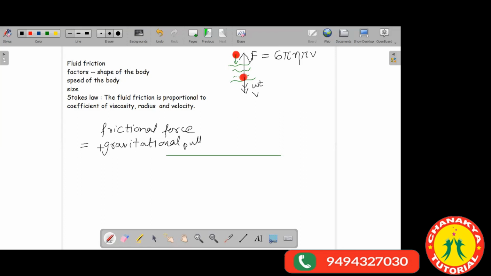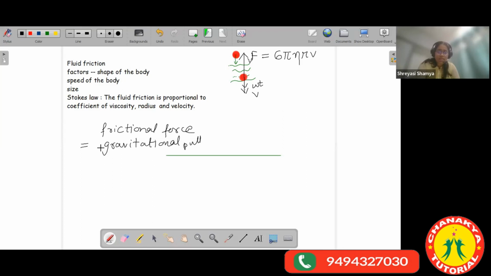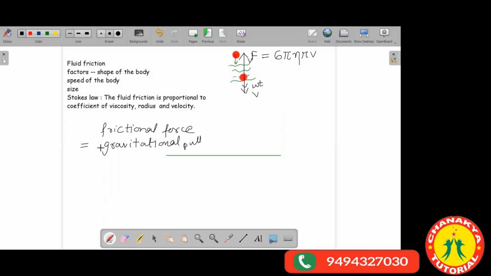Yes, Shreyasi, what should happen? Should the ball stand there or should it move? Shreyasi, you are muted. Can you think what will happen? The ball will move.